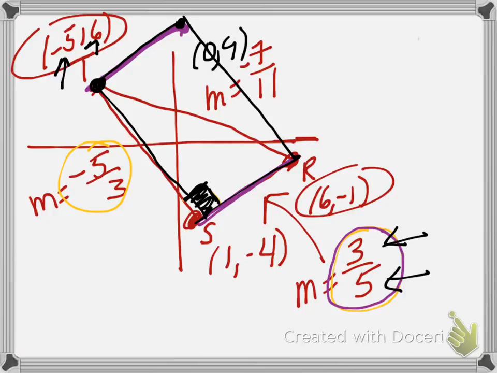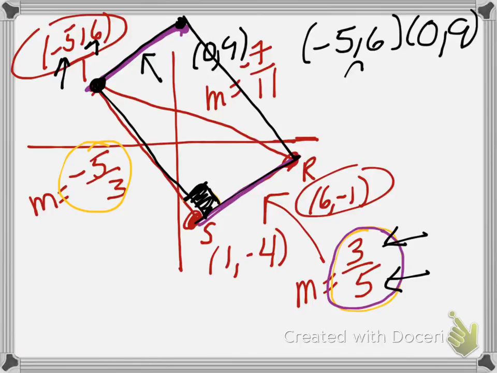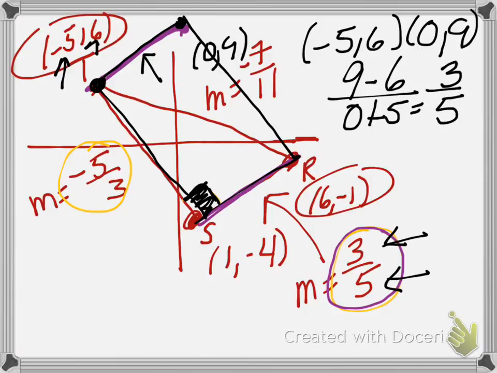And if you were to just find the slope of this black line over here, we would have the point (-5, 6) and the point (0, 9), and using the slope formula, y2 minus y1 over x2 minus x1, this gives us 3/5. And that means that this right here is a right angle because you can see that these are negative reciprocals of each other.